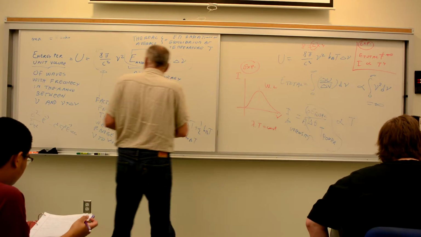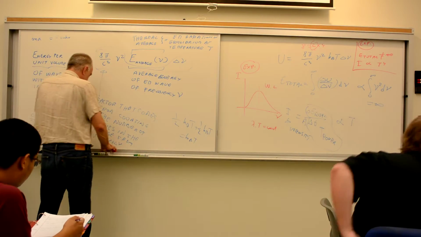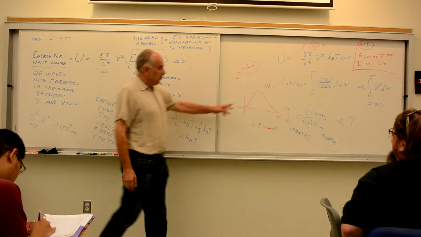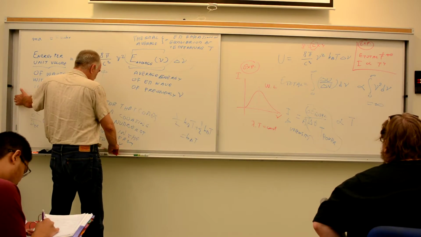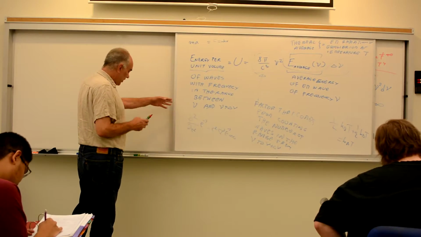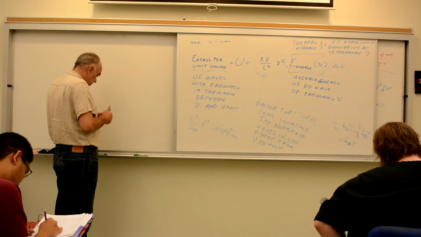So, Planck knew that something was wrong, and he figured out how to get the correct formula for this. So how did Planck do that?